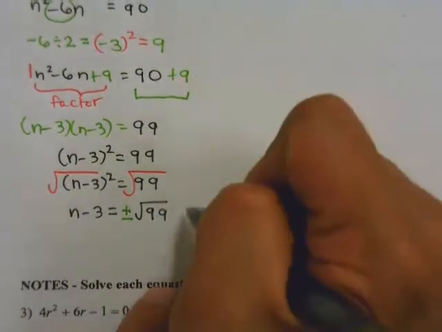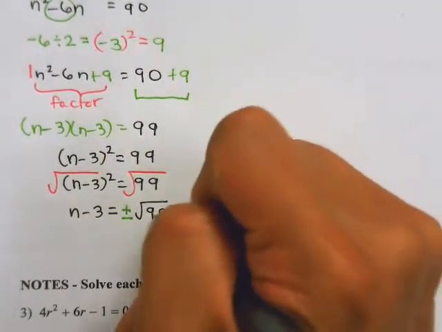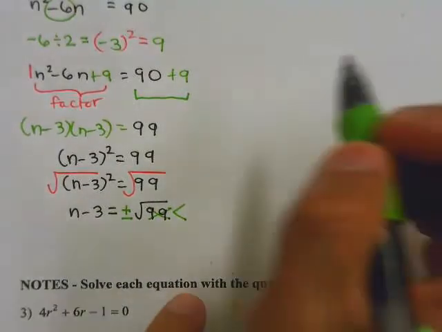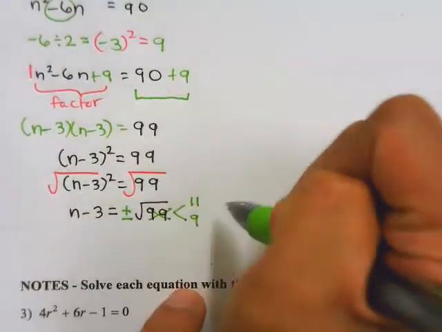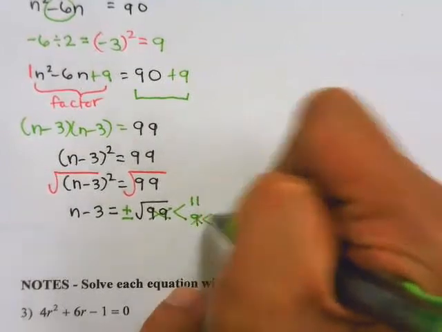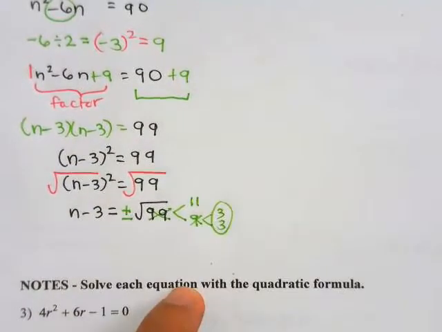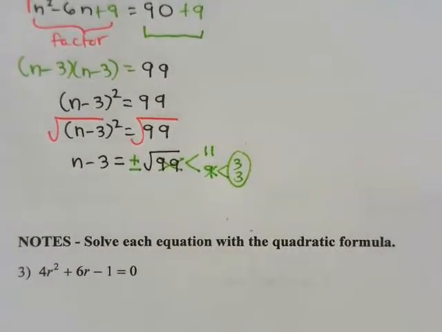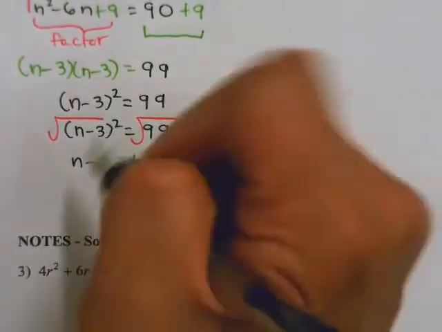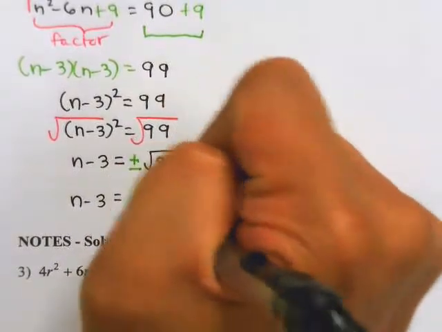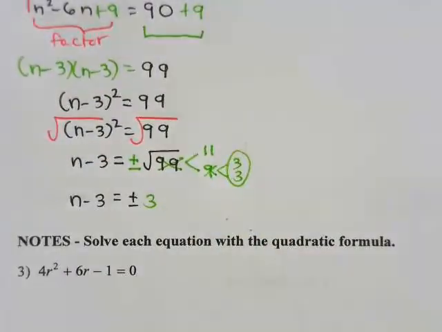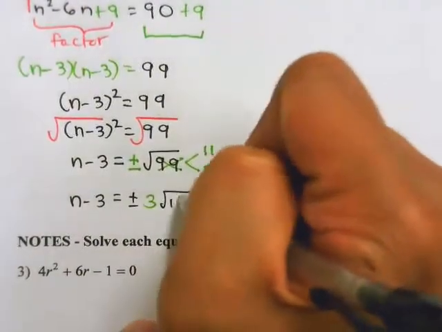99, we're going to break that down into two numbers, two factors, and let's just see if we can get some pairings over here. 11 times 9, and then 9 we can break that down to 3 and 3, so I see a pair already. That's going to go on the outside, so n minus 3 is equal to plus or minus 3 radical 11.